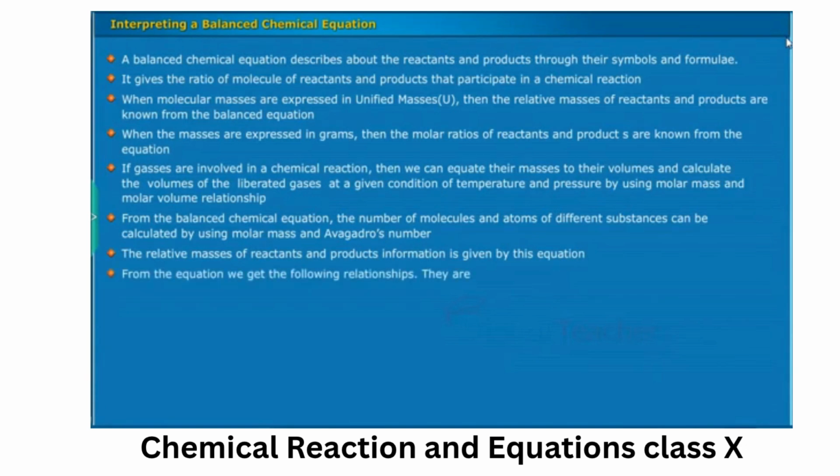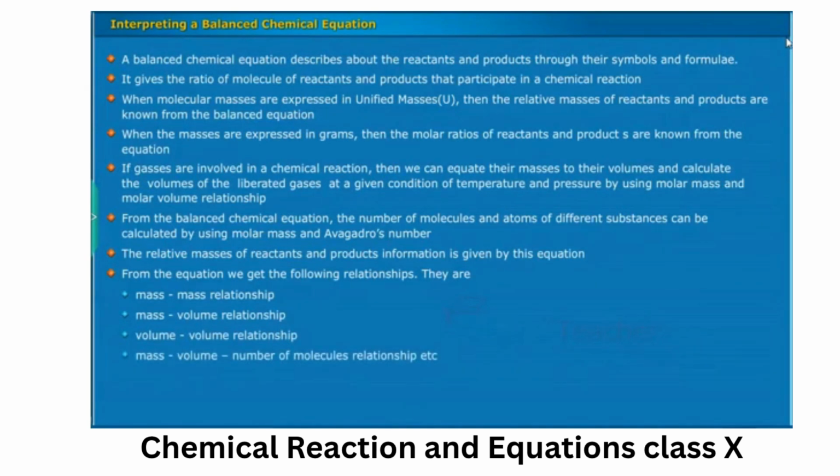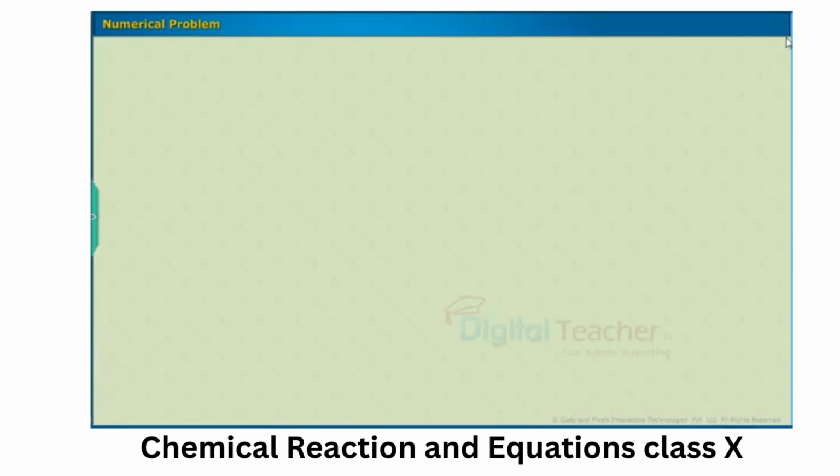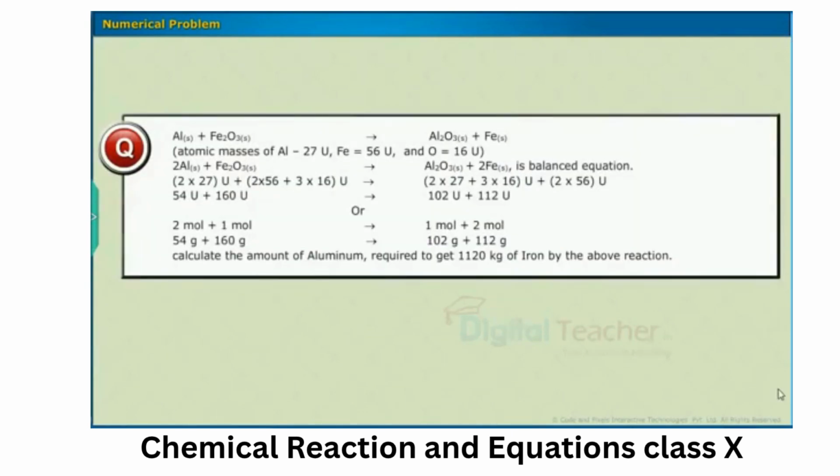From the equation, we get the following relationships. They are mass relationship, mass volume relationship, volume relationship, mass volume, number of molecules relationship, etc. Numerical problem. Calculate the amount of aluminium required to get 1120 kg of iron by the above reaction.